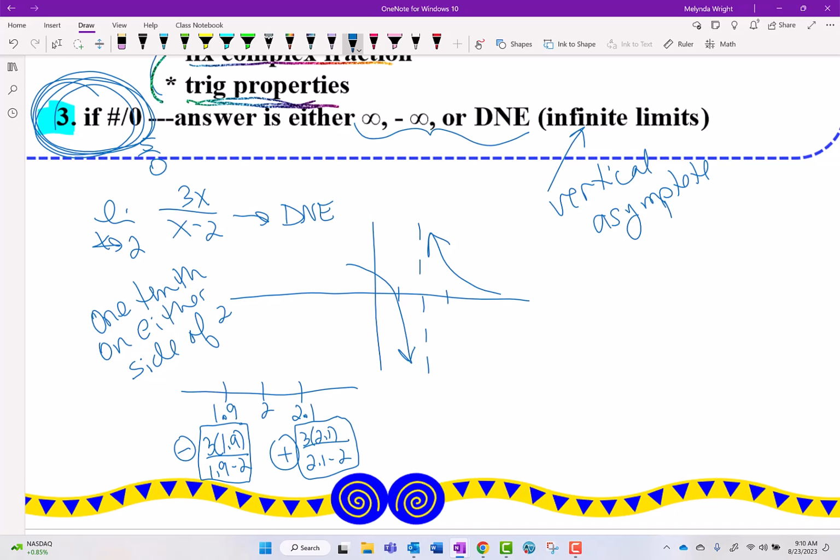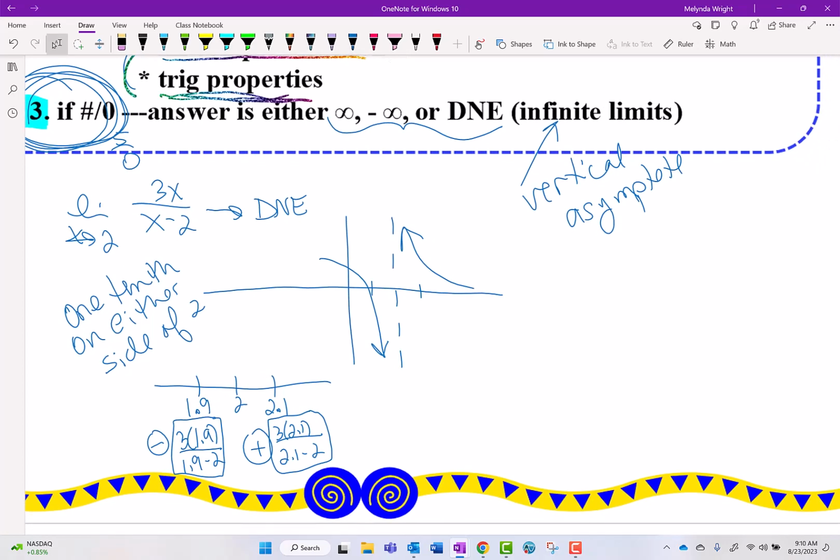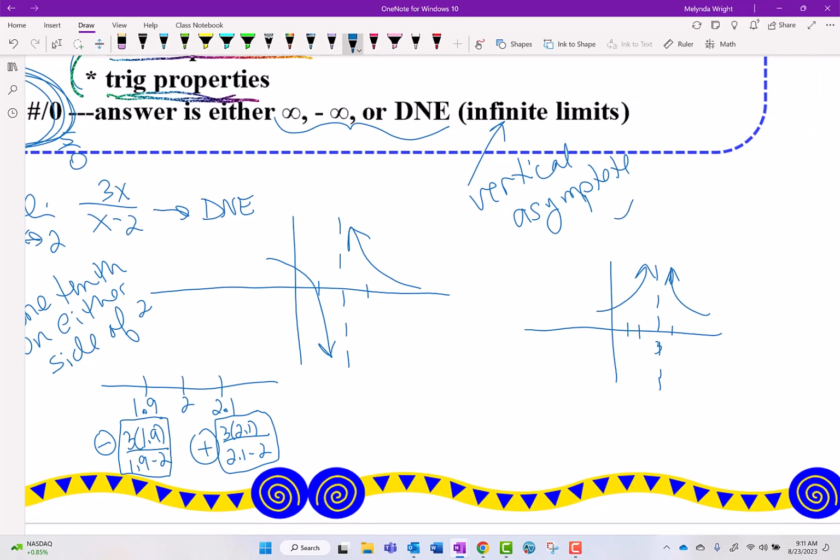Now, as an aside, let's say it's at 3 and my graph goes like this. Then the limit as x goes to 3 of f of x would tend to infinity, because on both sides it's going to infinity.